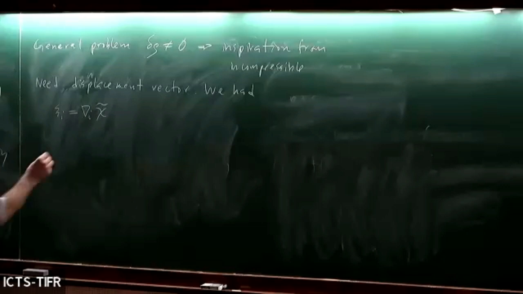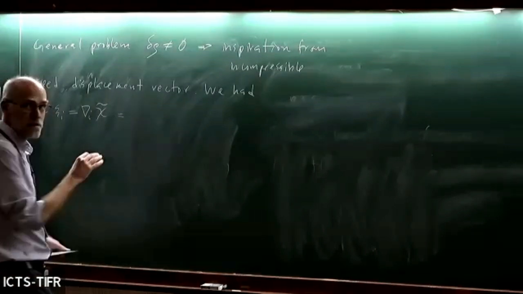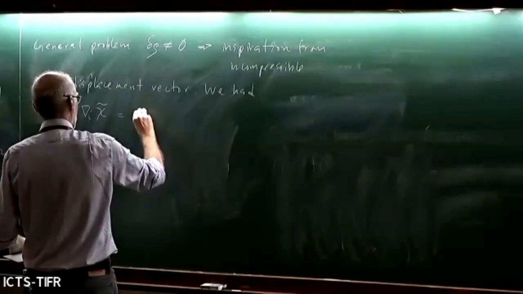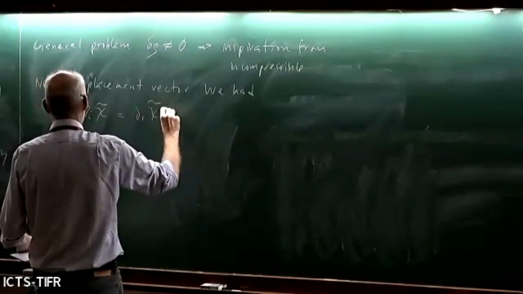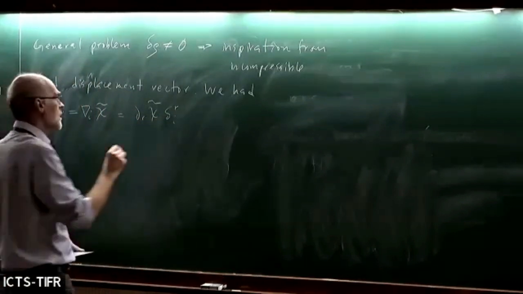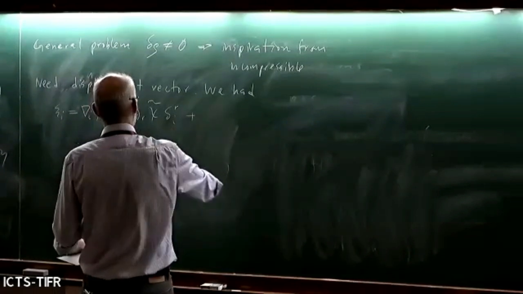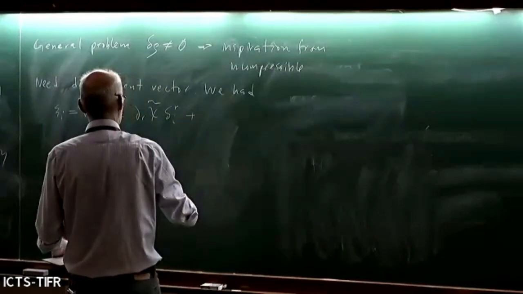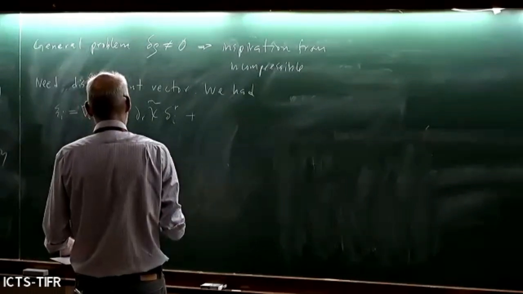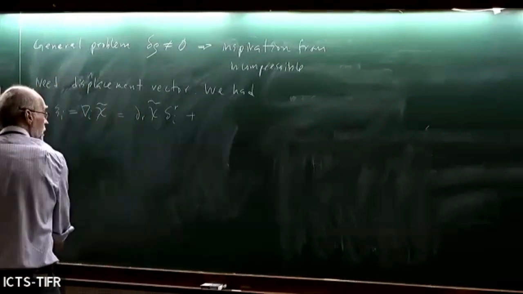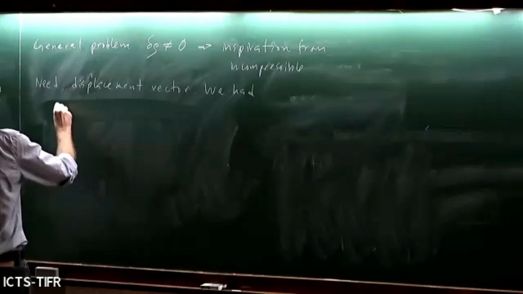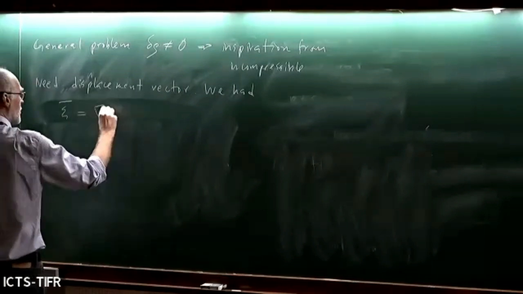So what is this? Well, we knew that chi tilde was expressed in spherical harmonics. So this is some function, right? Radial derivative of chi tilde in the delta i r, right? Say the radial direction is like that. And then there was some gradient. Actually it's better to write it like this. Sorry. This is better. So we have a vector psi, which is a gradient of chi tilde.